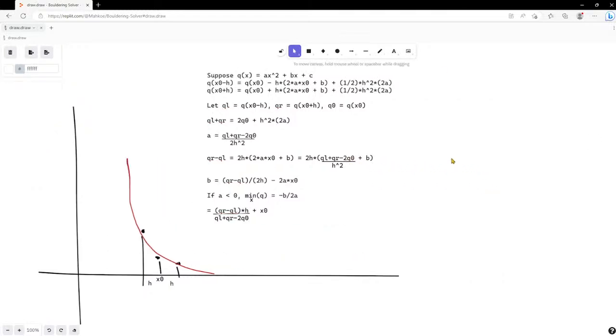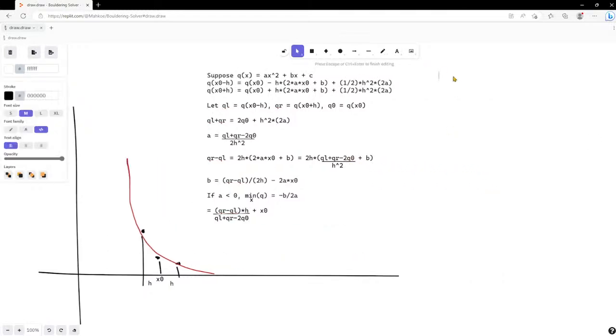Let's just do a test and make sure that this algebra is correct. Use, I don't know, x squared minus 4x around x equals 0 with h equals 1, you know, make our lives easy.